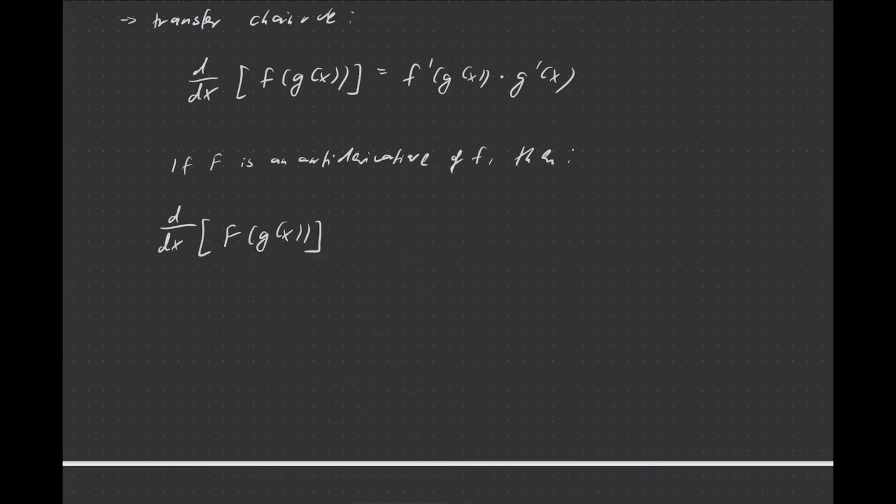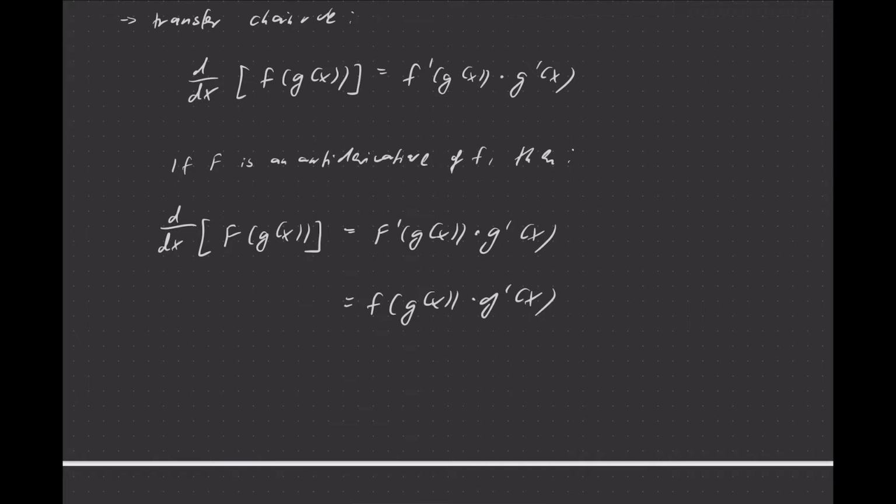If we do that, what we get is capital F prime of g of x times g prime of x. And as capital F is an antiderivative of f, capital F prime is the same as f. So we have f of g times g prime.